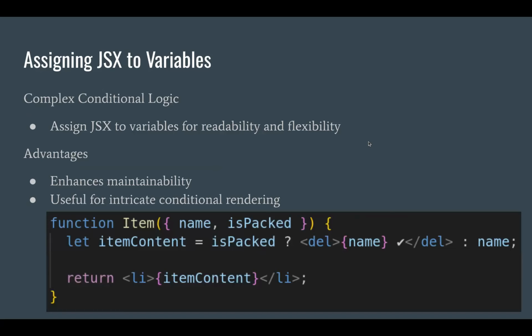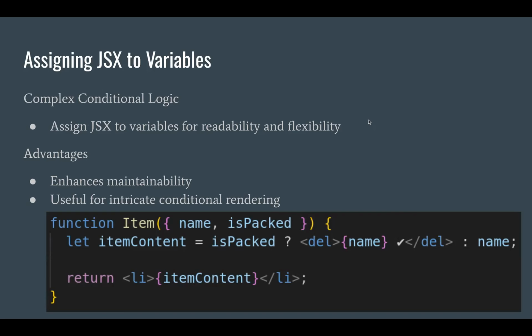Assigning JSX to variables. When dealing with more complex conditional logic, assigning JSX to variables can enhance readability. By initializing a variable with a default value and reassigning it based on conditions, we make our code more flexible and maintainable.